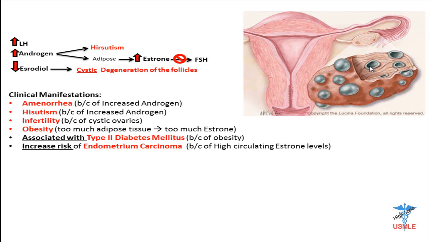Okay, now this polycystic ovarian syndrome is highly associated with type 2 diabetes because type 2 diabetes is associated with obesity, and also these patients have a high risk of developing endometrial carcinoma, and this is due to high circulating estrone, which is another form of estrogen in the body.